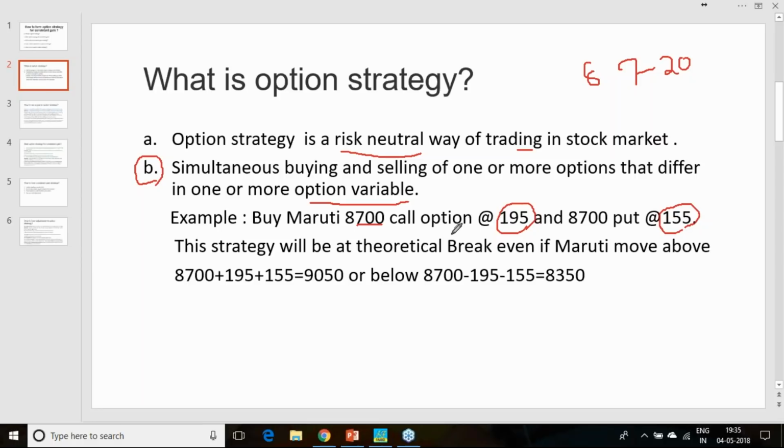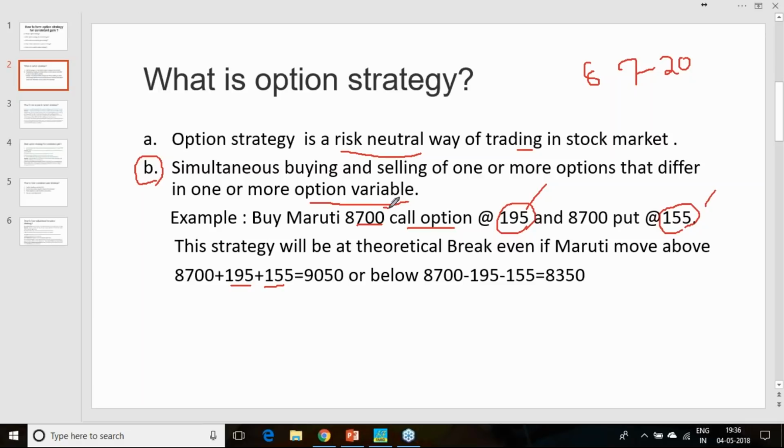This also will have a name, but forget about the name. If you enter this kind of trade, buying a call option and a put option at these premiums, then, because you have paid this much premium, this will be your maximum loss. This 195 and 155 will be your maximum loss.